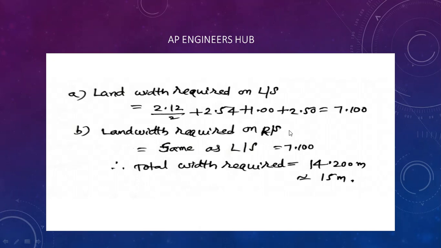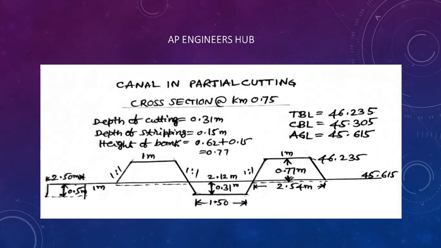Land width required on right side is same as left side, equal to 7.1 meters. Therefore, total width required is equal to 14.2 meters, say 15 meters. Similarly, for canal in full banking, this cutting portion will not come, only the banking portion. We have to calculate like that.